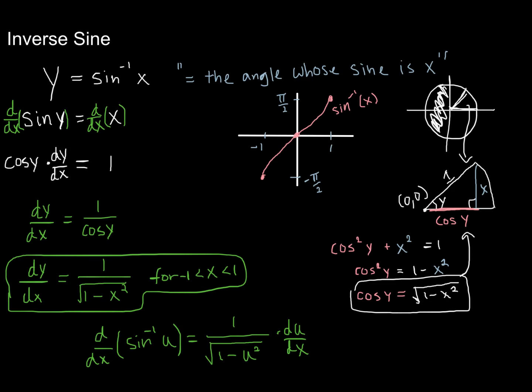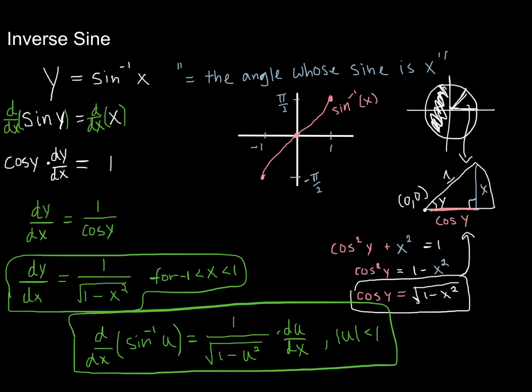And one way that I can say that, instead of using two inequalities as I did previously, is to say that the absolute value of u must be less than 1. And that means, of course, that u can't be equal to -1 either, because the absolute value of -1 is 1. And so this is the definition of the derivative for the inverse sine.